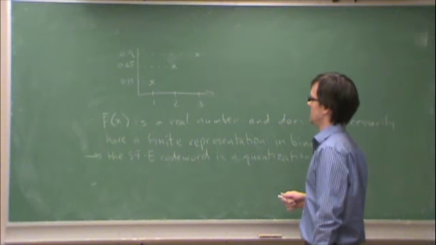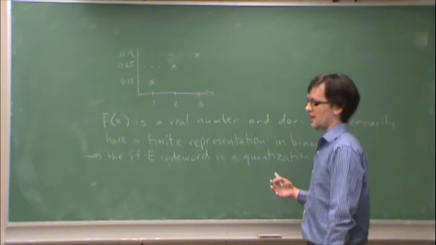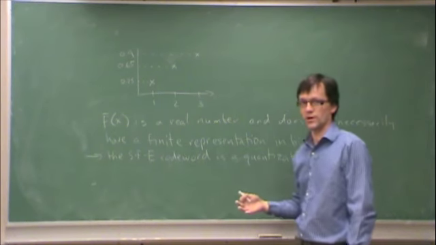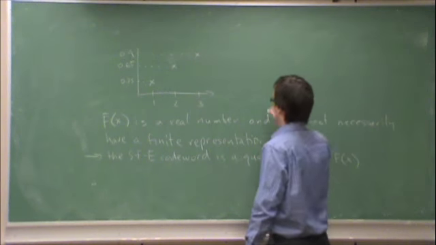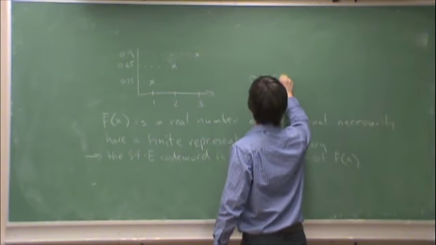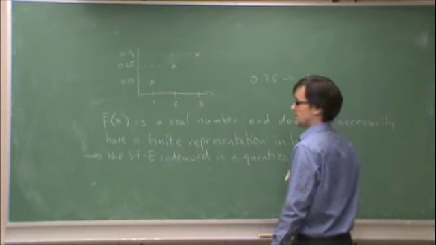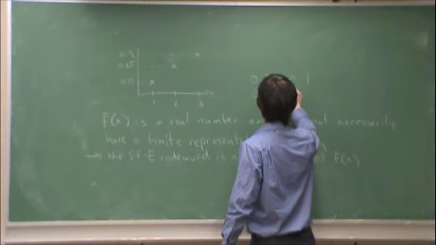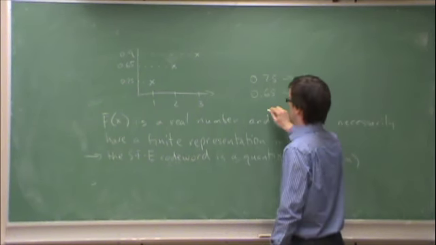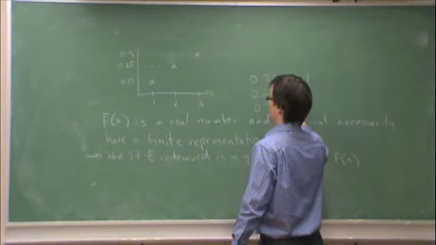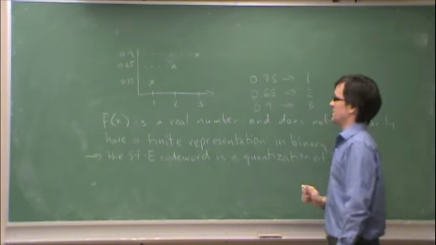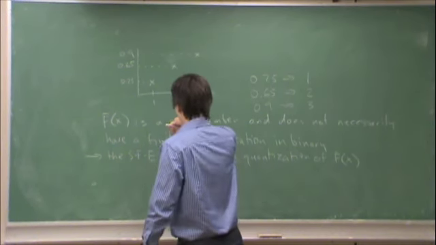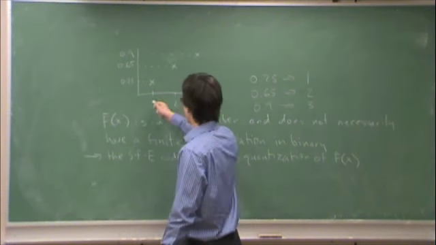So for instance, if I had a source code in which I replaced 1, 2, and 3 with those numbers, clearly if at the receiver, having received one of these numbers, I could immediately tell what element was sent. For instance, if I observed 0.25, then I would know that 1 was the source letter. If I observed 0.65, I would know that 2 was the letter. And if I observed 0.9, then I would know that 3 is the letter. So it's a one-to-one correspondence because it's a function.